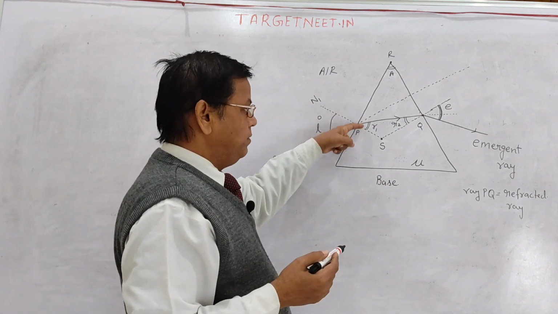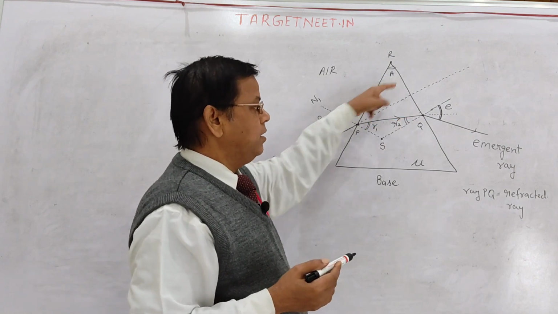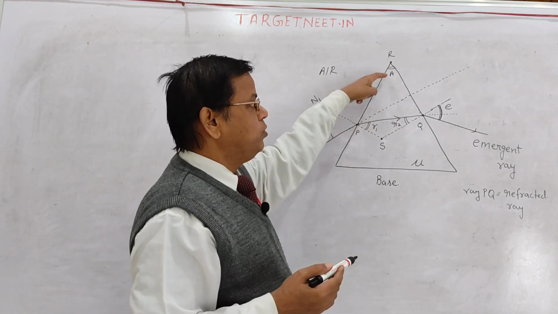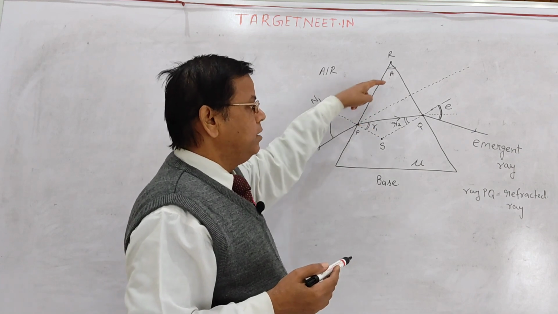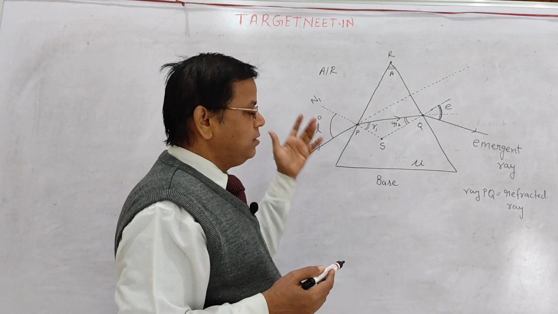If the sum of this and this angle is 180 degrees, then the sum of this and this angle must also be equal to 180 degrees, because in a quadrilateral the sum of all four angles is 360 degrees.